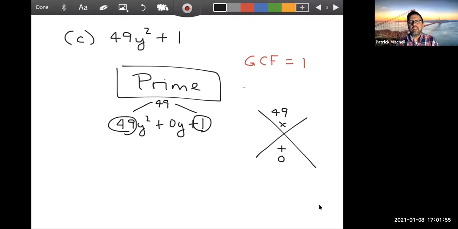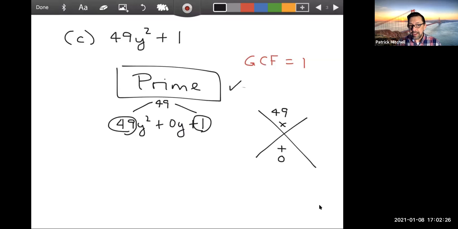Well, the only kinds of numbers that add up to 0 are opposite numbers, right? 5 and -5, 2 and -2, 7 and -7. And the problem with opposite numbers is that they are never going to multiply to a positive, are they? So there is nothing, at least not in real numbers, that's going to add up to 0 and multiply to 49. Okay, so I am now completely convinced that this thing is prime.